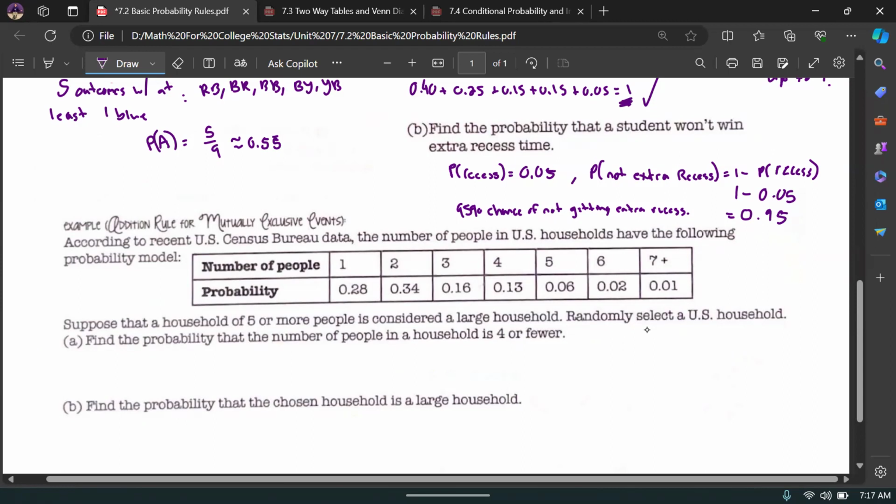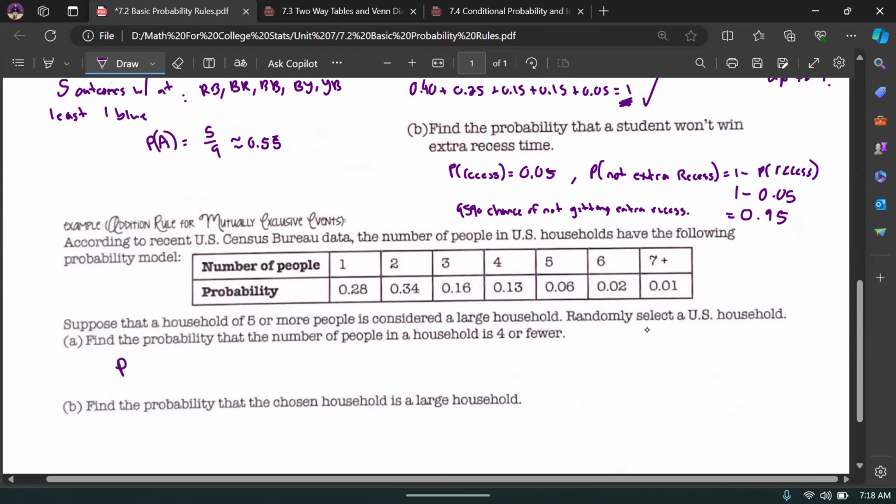Suppose that a household of 5 or more people is considered a large household. Randomly select a US household. Great. Find the probability that the number of people in the household is 4 or fewer.